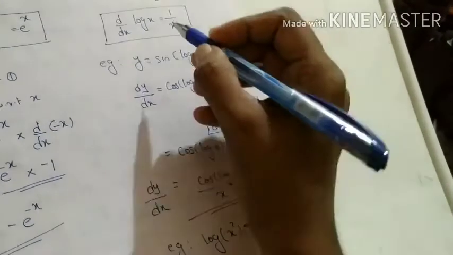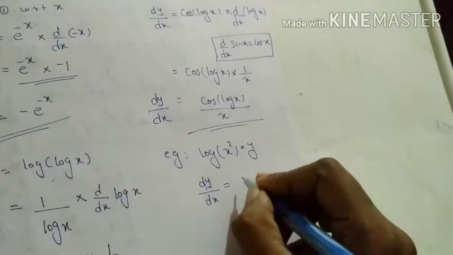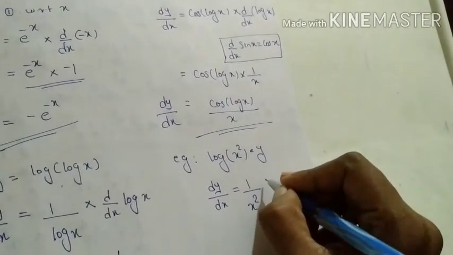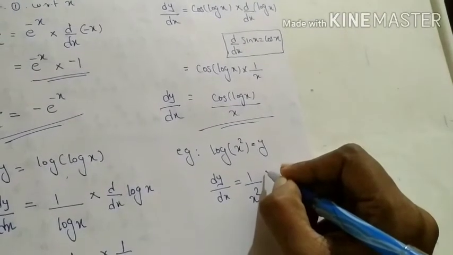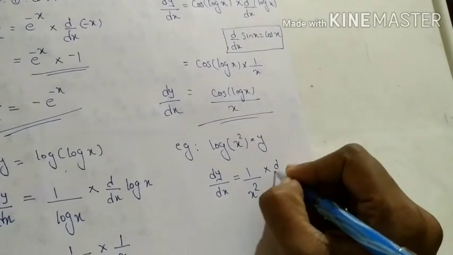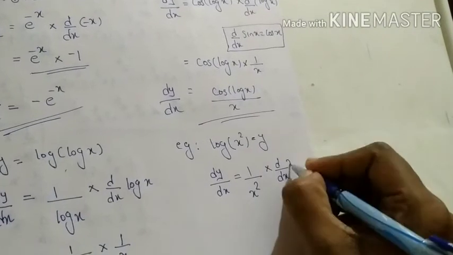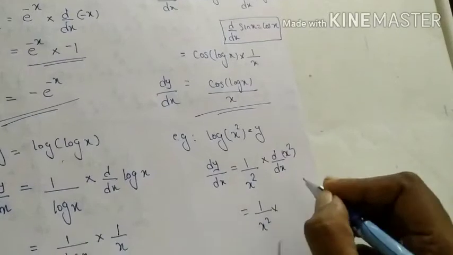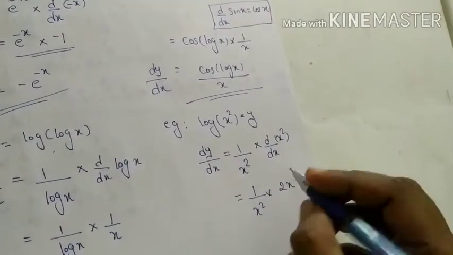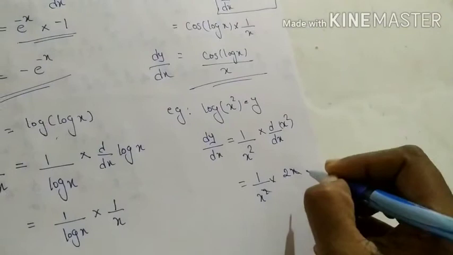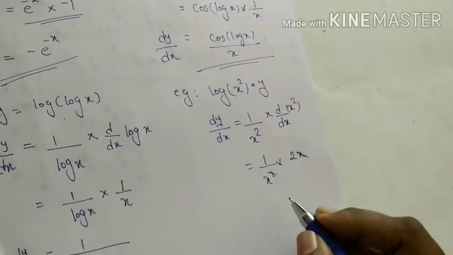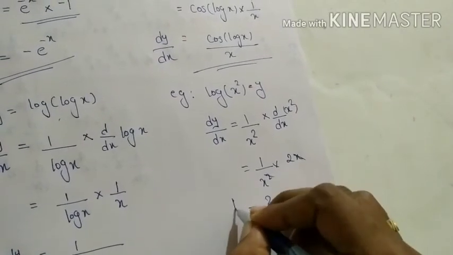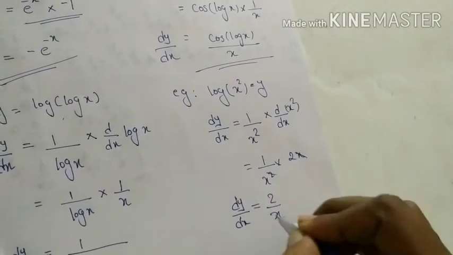So replacing this x by x square, we get 1 by x square. X square is another function. Here again I am going to use chain rule. That means we need to find the derivative of x square here. So 1 by x square into derivative of x square, which is 2x. Cancelling one x from numerator and denominator, we get 2 by x, and this will be the answer of our question.